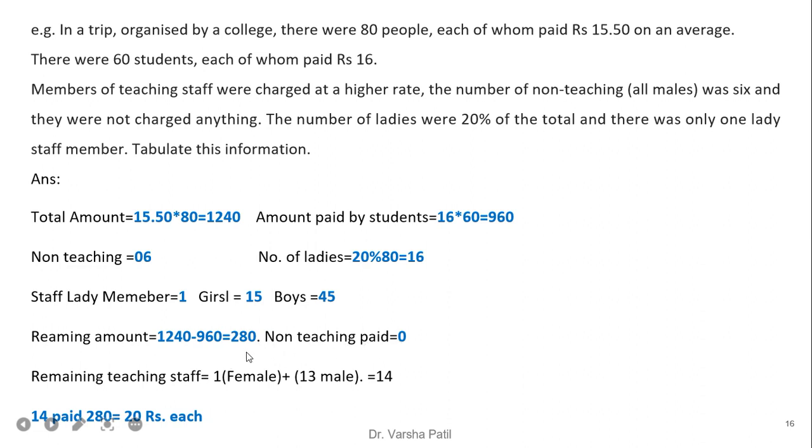Non-teaching staff paid 0 rupees. Therefore the remaining teaching staff is 1 female and 13 male, which is equal to 14, and 14 people paid 280 rupees, so 20 rupees each. So on an average everyone paid 15.50, but the amount paid by a student is 16 rupees and the amount paid by a teaching staff member is 20 rupees.